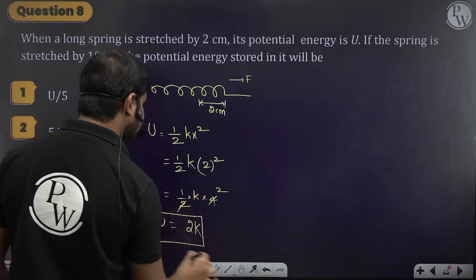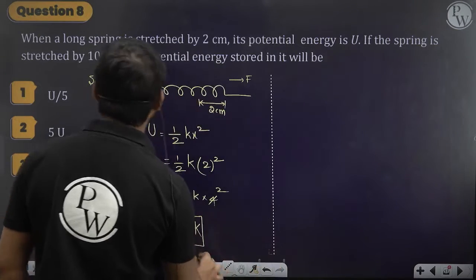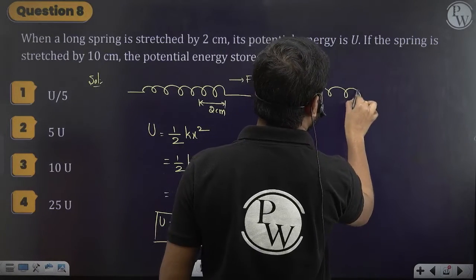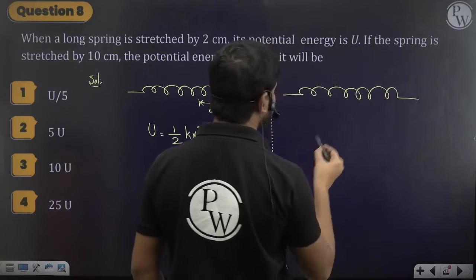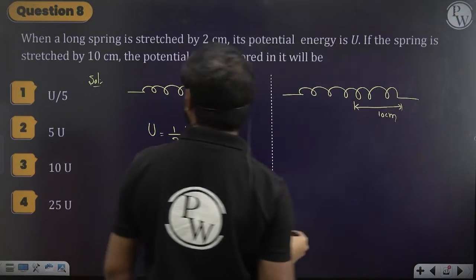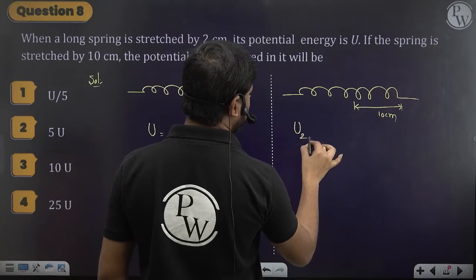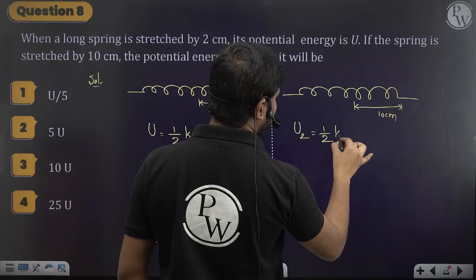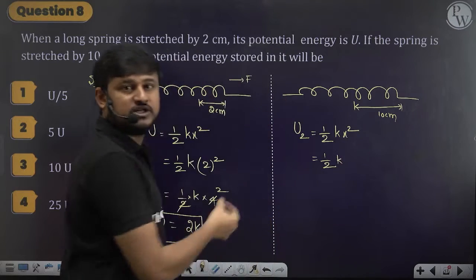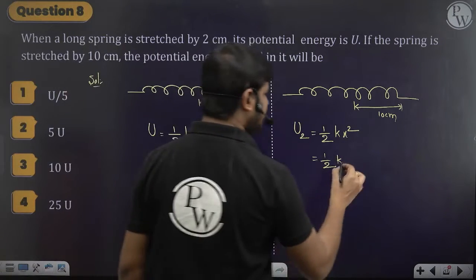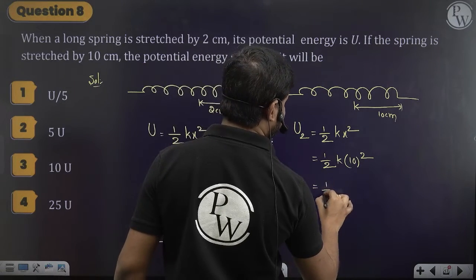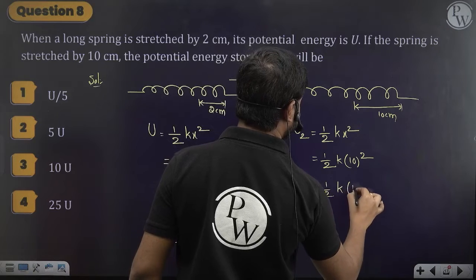Then in the second case, it is stretched by 10 centimeters. It is the same spring, which means the spring constant k is the same. Let the potential energy in this case be U2, which is equal to half kx square. The spring constant is the same in both cases, and here 10 whole square, which is 100.